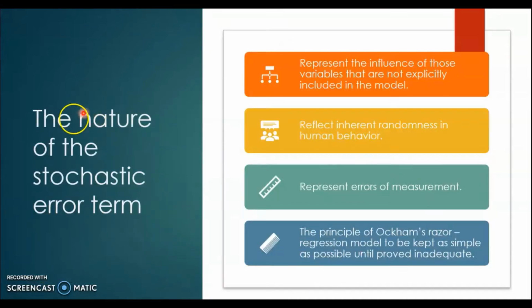So what is the nature of the stochastic error term mu? Well, there are four natures of the stochastic error term. First, the error term may represent the influence of those variables that are not explicitly included in the model.